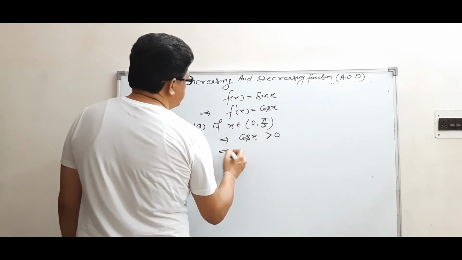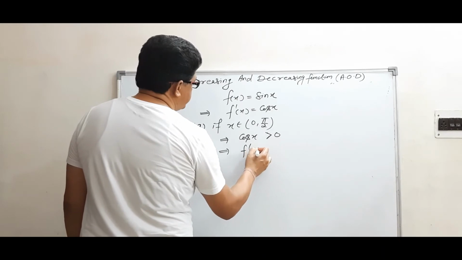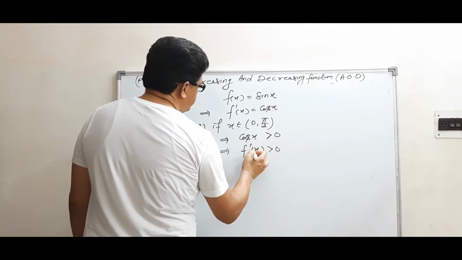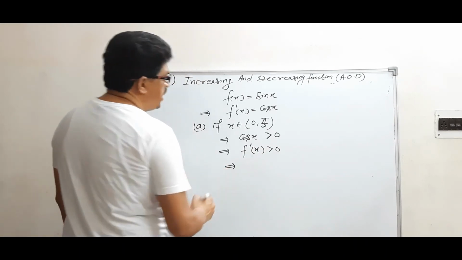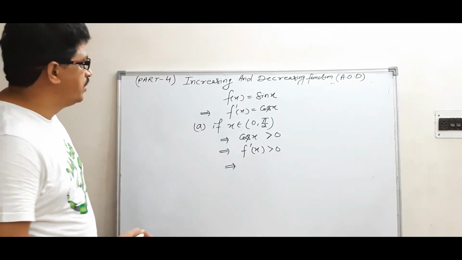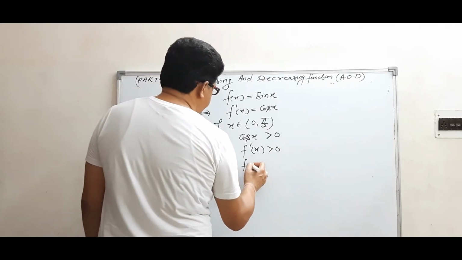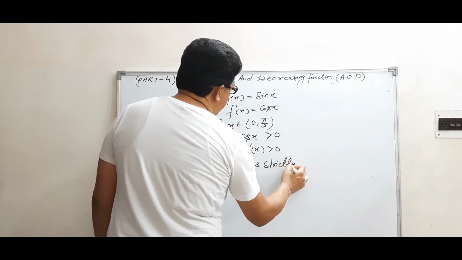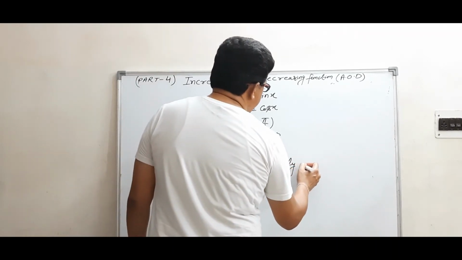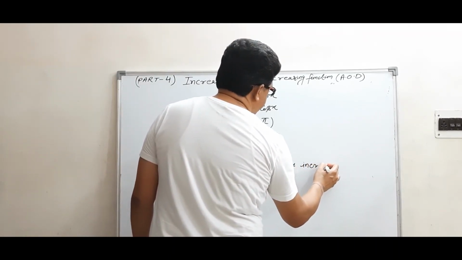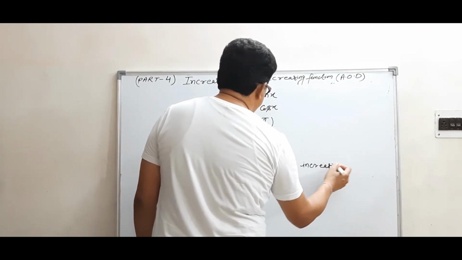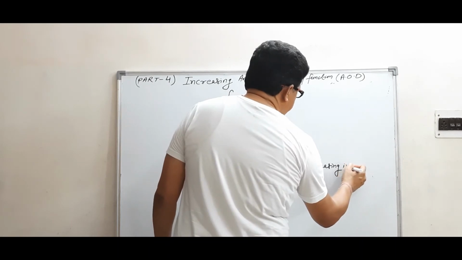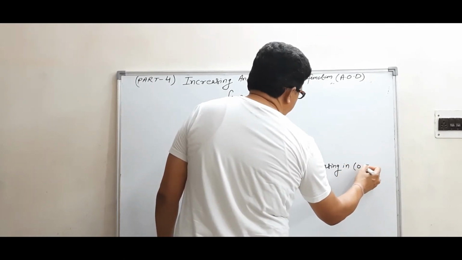This implies f dash x is greater than 0. If f dash x is greater than 0, f is strictly increasing in the interval 0 to pi by 2.